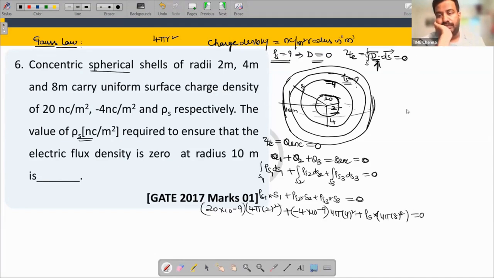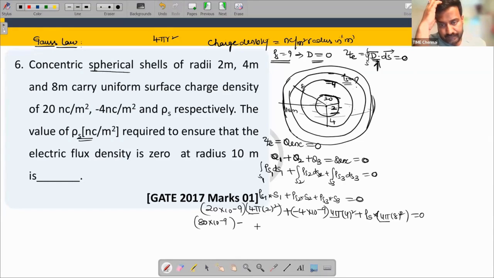Taking the 4 pi common onto the RHS side. 2 square is 4. 4 into 20, 80 into 10 power minus 9.